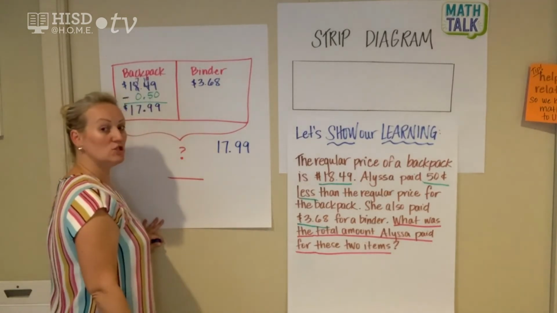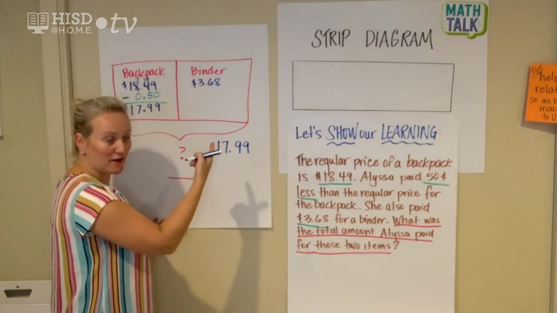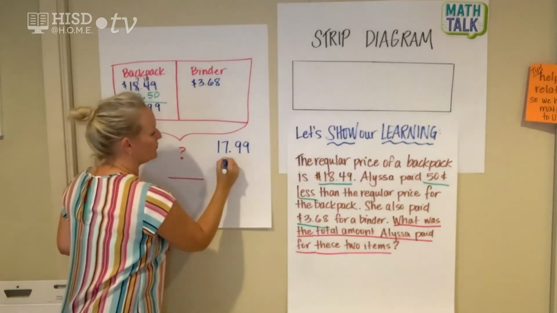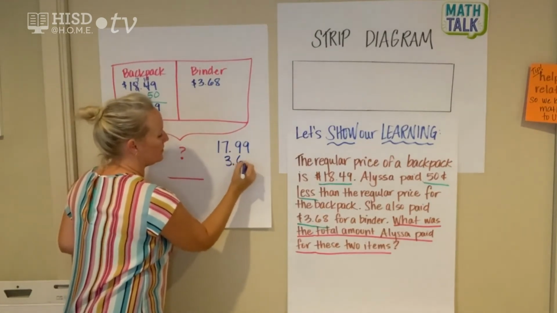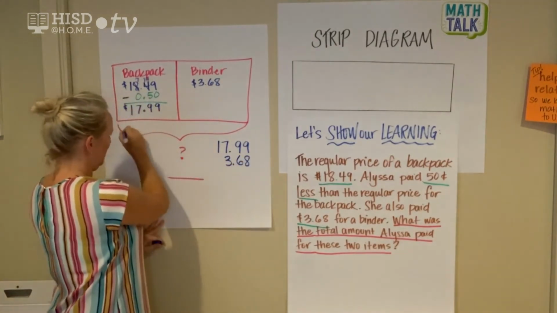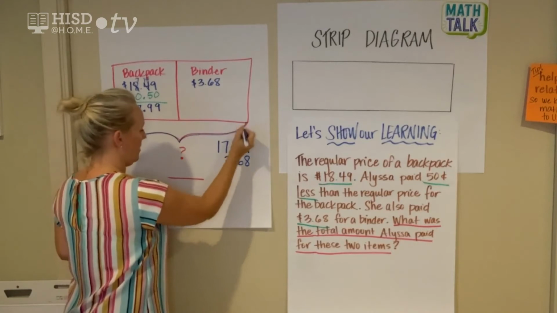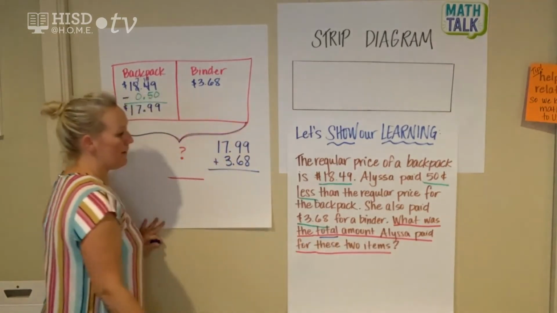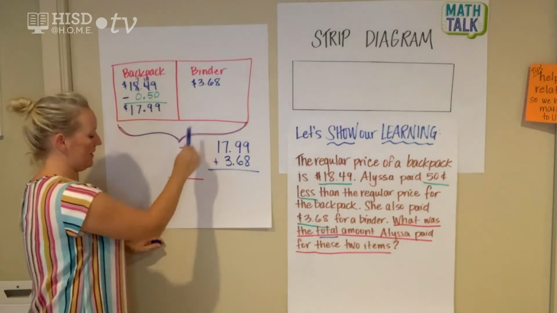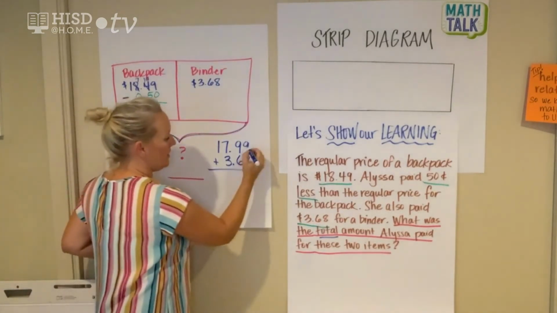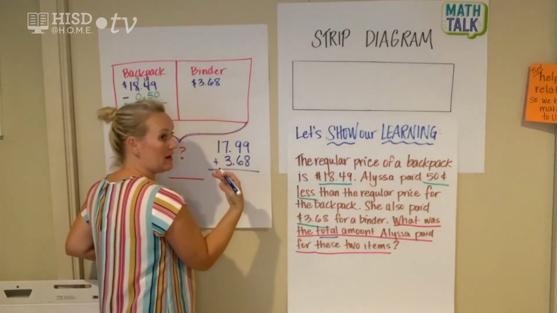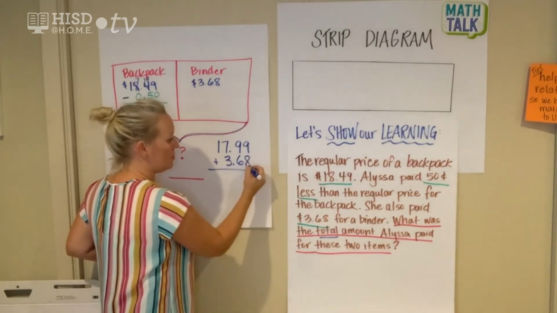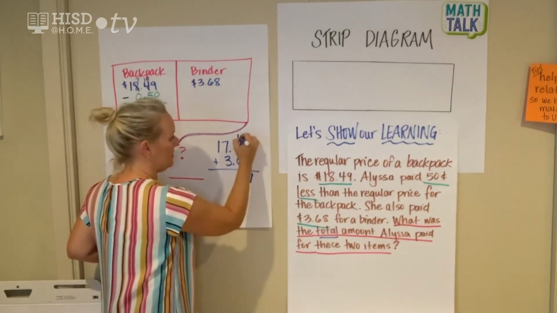And then what else did she buy? The binder. So I'm gonna add the binder because we're trying to figure out, look, go back to your strip diagram. The total amount, here's that word, total amount she paid for these two items, which is my blank here. So now I'm adding, because I'm adding up how much she bought total. 9 plus 8, 17.